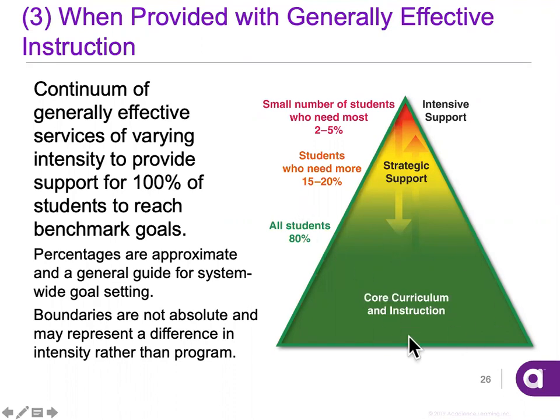And the best way I know of to shrink the number of students who need strategic and intensive support is by getting it right in Tier 1. So I think at the beginning of next school year, whether we are in person or virtual, this is going to be more important than ever.